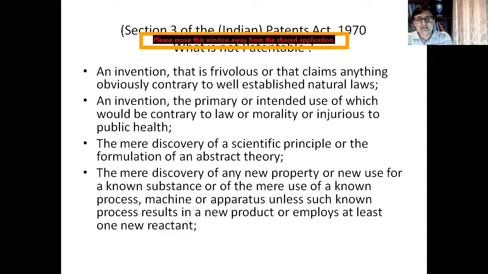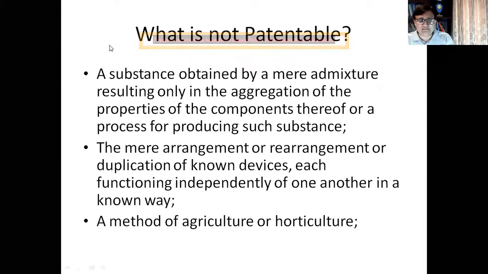If you are not able to prove that, then it is not patentable. Similarly, any substance obtained by mere admixture resulting only in the aggregation of the properties of the components, or a process for producing such substance.